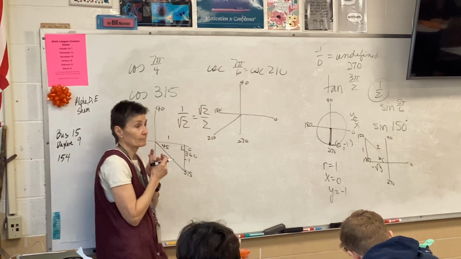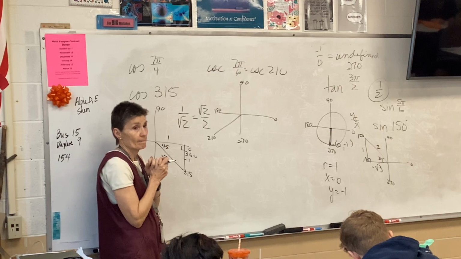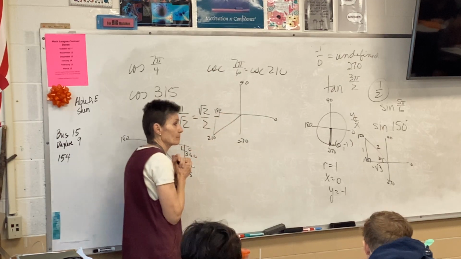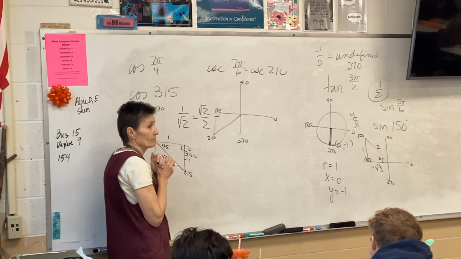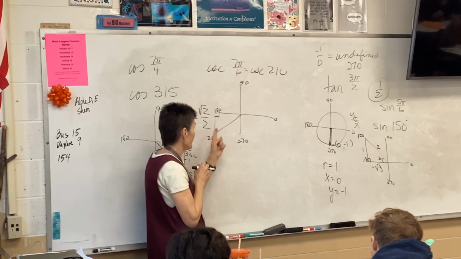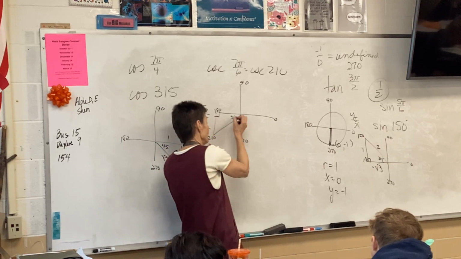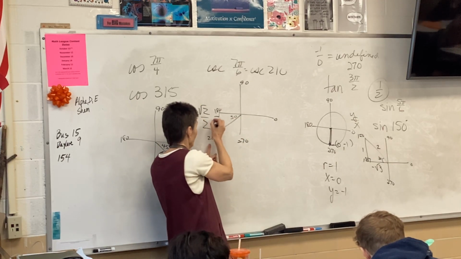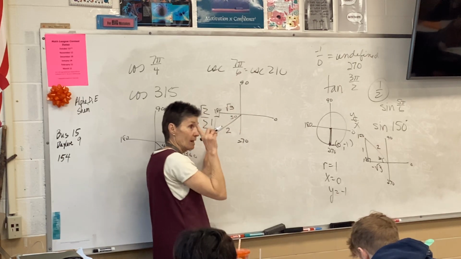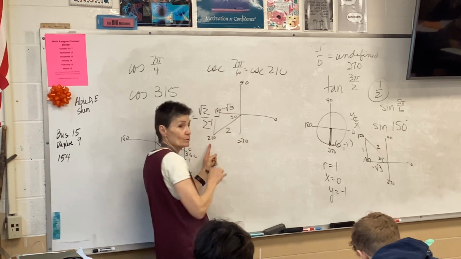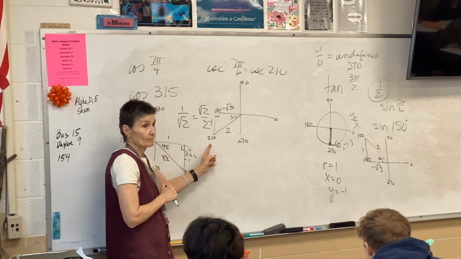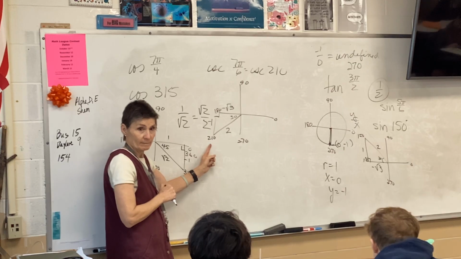Perpendicular. 180 to 210. 30. 1, root 3, 2. And both of those are negative this time. Right? Yep.